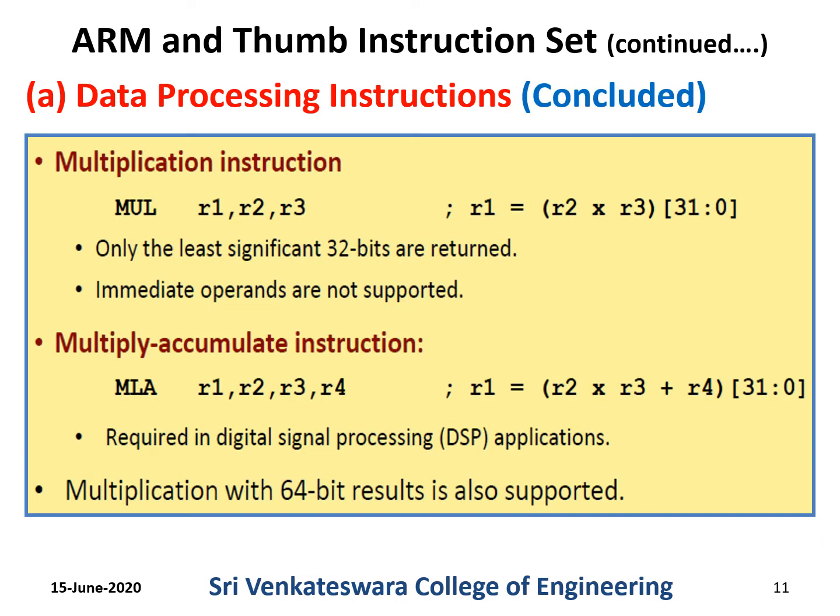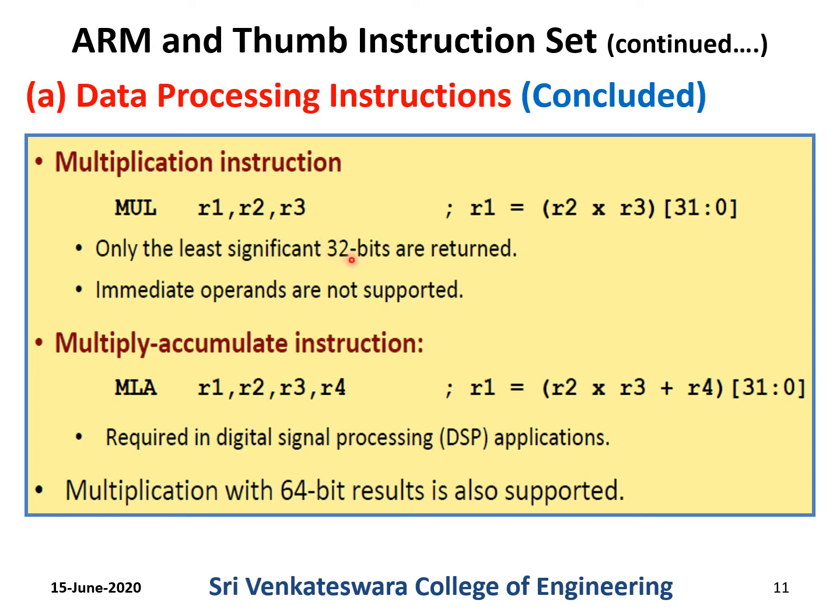So here some multiplication instructions are shown. MUL R1, R2, R3. This performs the multiplication, and the least significant 32 bits are returned to R1. Usually in multiplications, if two numbers of n bits in size are multiplied, it has to return 2n.